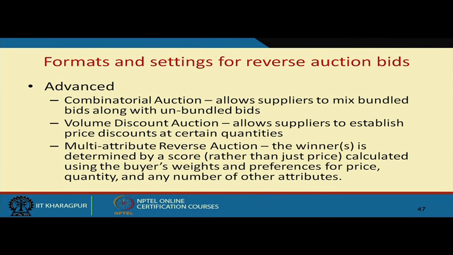We will learn more about it when we discuss auctions, but in a typical combinatorial auction one supplier can supply multiple bids. Let us say we are going to buy 5 items A, B, C, D and E. One supplier can say: I can supply A and B at this price, I can supply A, B and C at this price, I can supply B, C and E at this price, and so on.